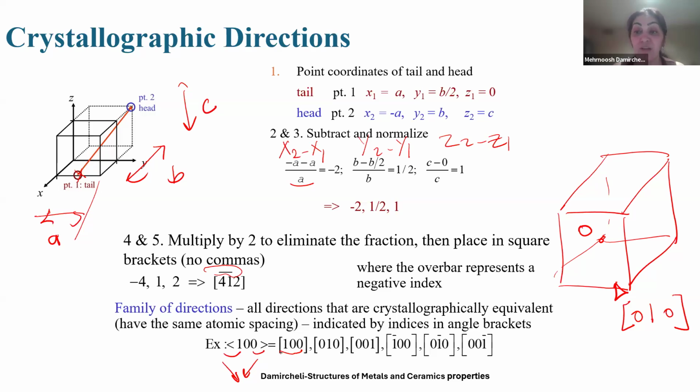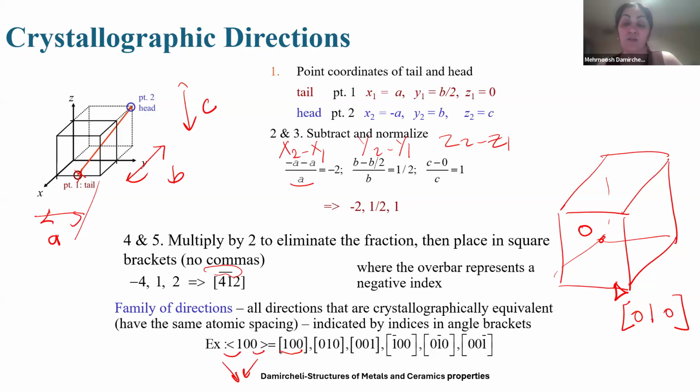We are referring to the family of directions, that means all the symmetry equivalent directions in the crystal. For this case, <1 0 0> includes [1 0 0], [0 1 0], [0 0 1], [-1 0 0], [0 -1 0], and [0 0 -1].